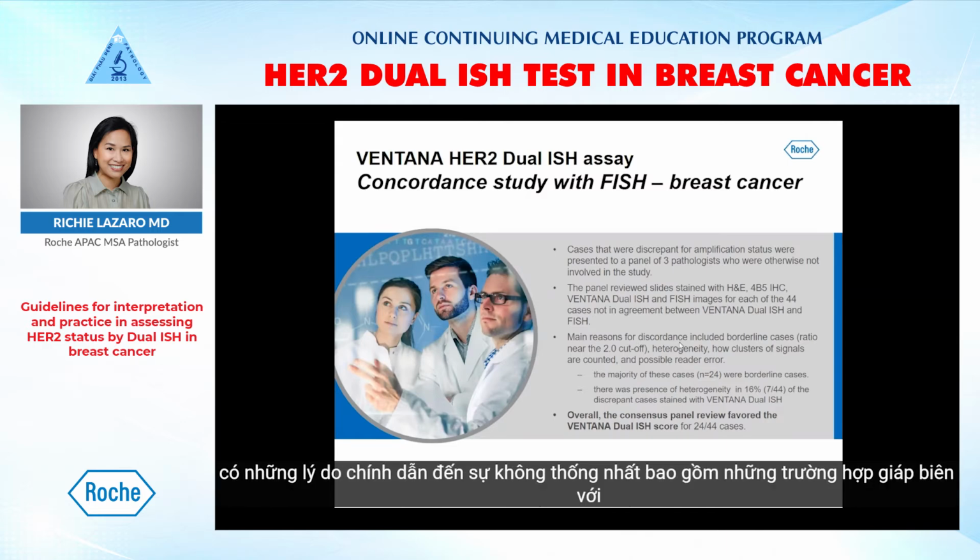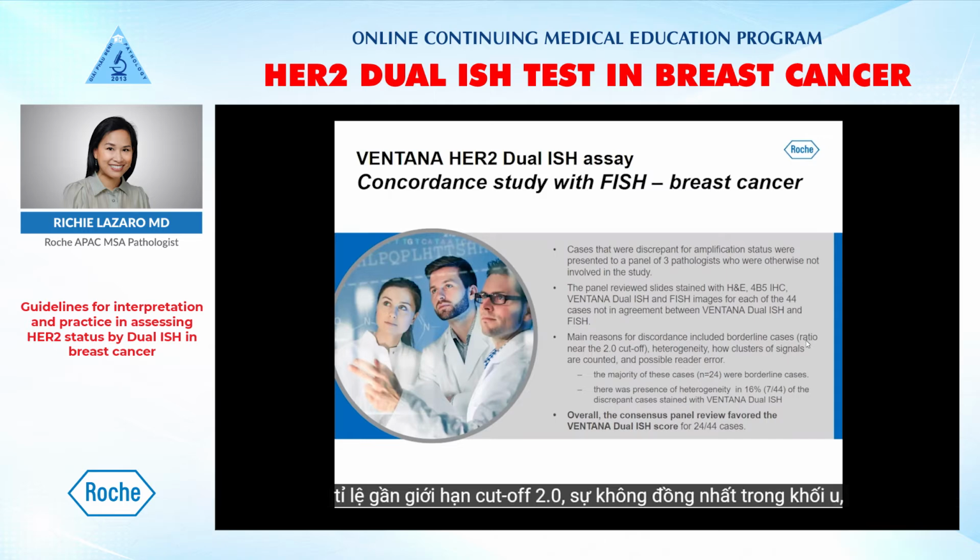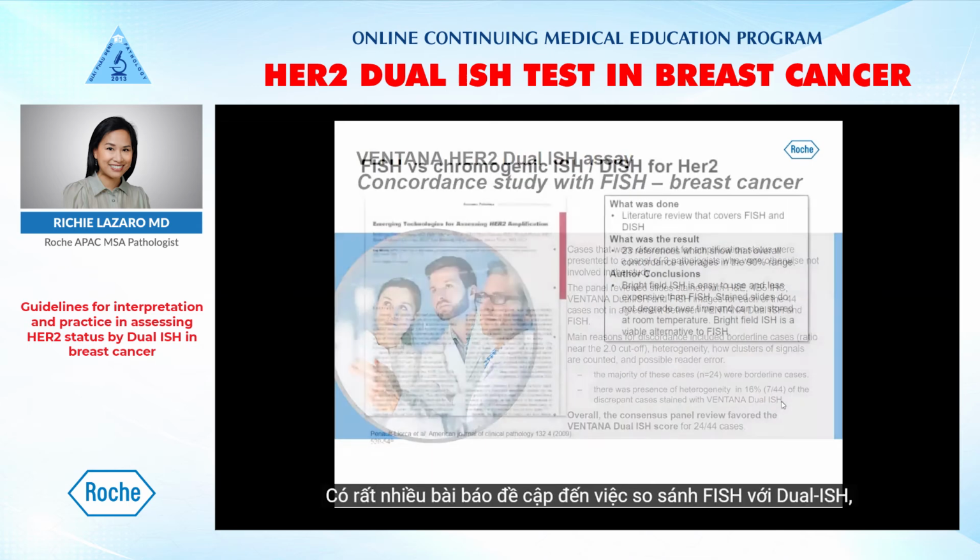The main reasons for discordance included borderline cases where the ratio was near the 2.0 cutoff, heterogeneity within the tumor, how clusters of signals were counted, and possibly reader error. Overall, the consensus panel review favored the Ventana dual ISH score for 24 out of the 44 cases.